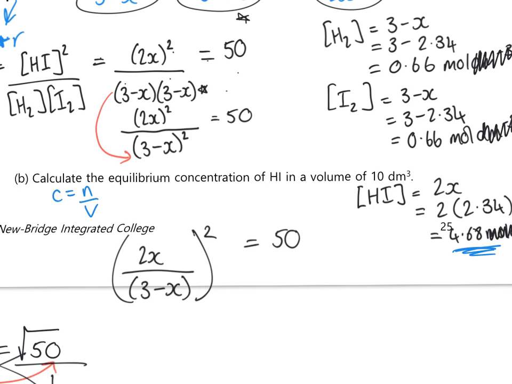So I found out that my number of moles of hydrogen iodide was 4.68 moles. It tells me that my volume is 10 decimeters cubed, so I just stick that over 10 decimeters cubed, and you should get your concentration of hydrogen iodide to be 0.468. Yes, it is. And now we're in moles per decimeter cubed.